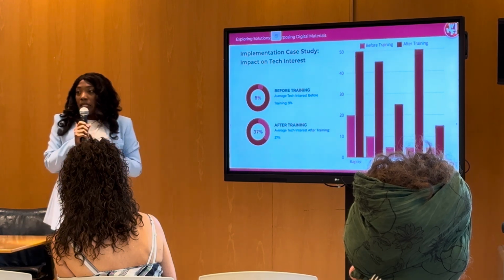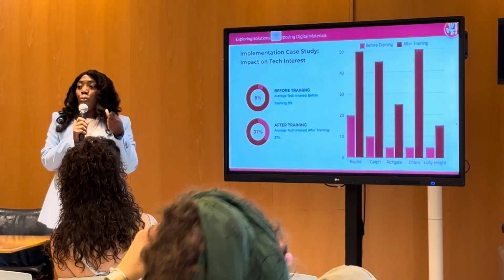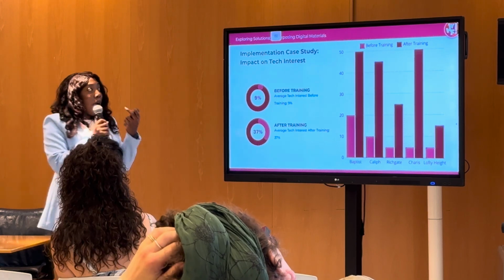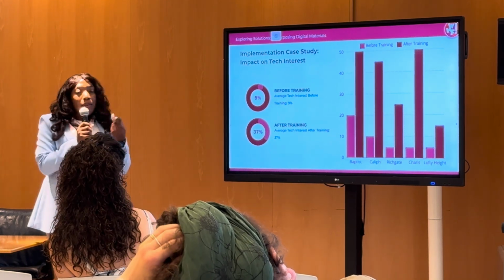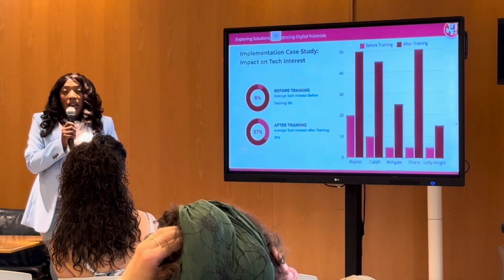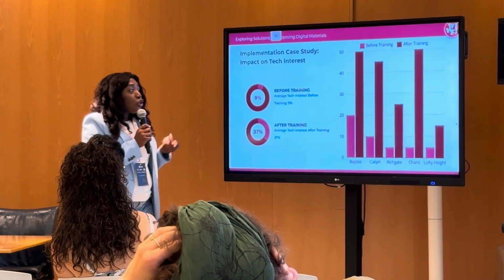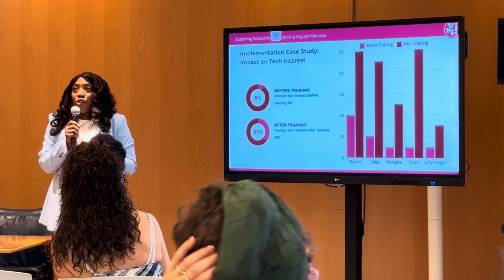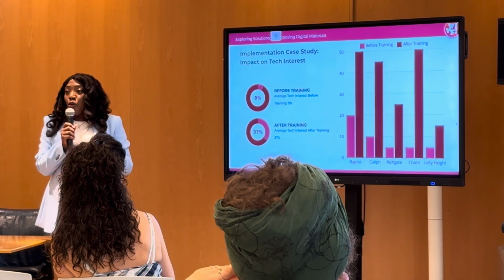We took the statistics of the rural schools before we started the training and after we started our training. Our statistics were around the impact of tech. How much do these children want to learn about technology? We found that before the training, they had 9% interest in technology. You can understand why the interest was very low before the training.